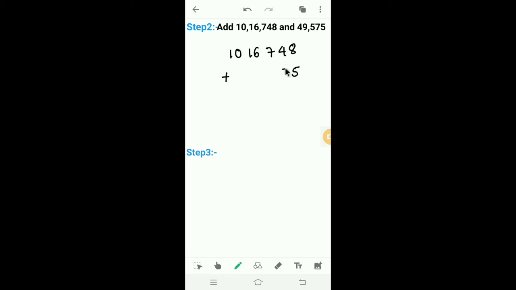So 5, 7, 5, 9, 4. Now I will start addition from ones place. 8 plus 5 is 13. So I will write 3 here and 1 carry. 1 plus 4 is 5. 5 plus 7 is 12. So I will write 2 here and 1 carry.